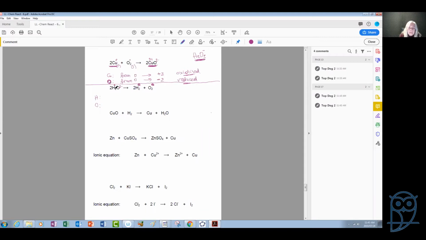So the hydrogen from +1 here in the compound, its oxidation state went to 0. So it reduced. So +1 to 0, its oxidation state reduced. So hydrogen reduced. It's the oxidizing agent.